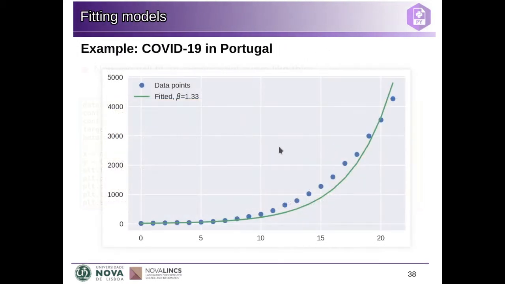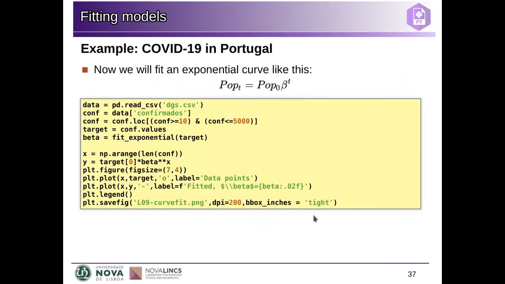So let's take a look at how this looks. We have the data points here, the fitted model here, and then we have this legend. And notice that I put a beta there with the value. The way I can do this is to use LaTeX commands here. So I use this dollar sign for the equation.